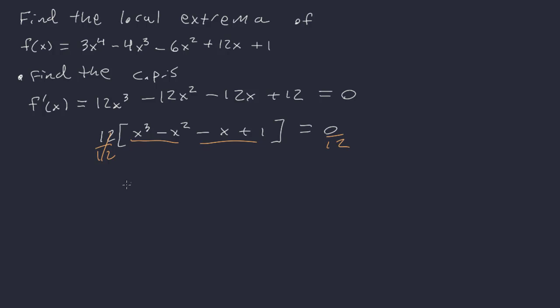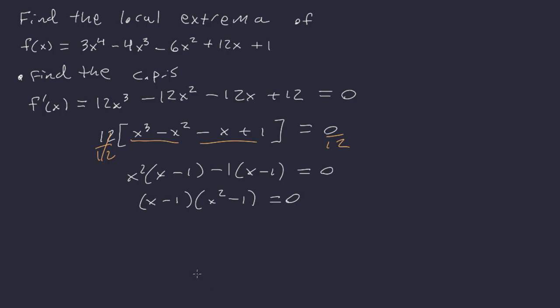All right, so we can take out an x squared from the first group to be left with an x minus 1. And then here, if we take out a negative 1, then we'll be left with x minus 1. Now we can factor out the x minus 1 to get x minus 1 times x squared minus 1 equals 0.